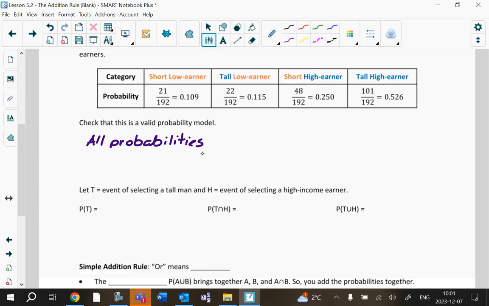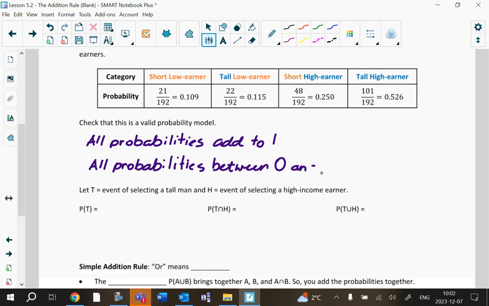All probabilities add to 1, which means if you added all these fractions or all these decimals, you would get 1. And they have to be in between 0 and 1, the way they're expressed as a fraction or decimal. So that means it's valid, because if it's not valid, we can't do these questions.